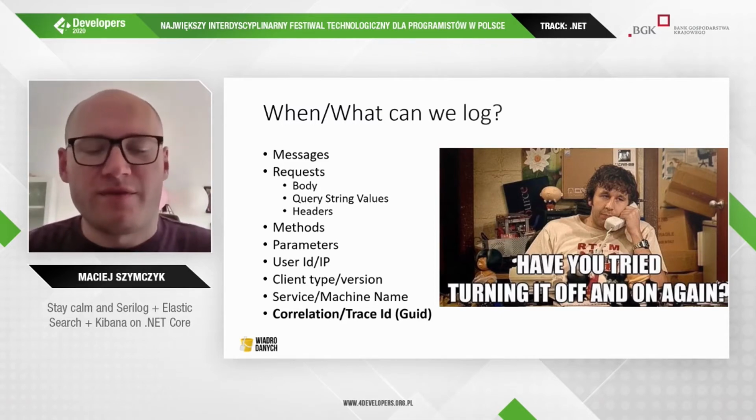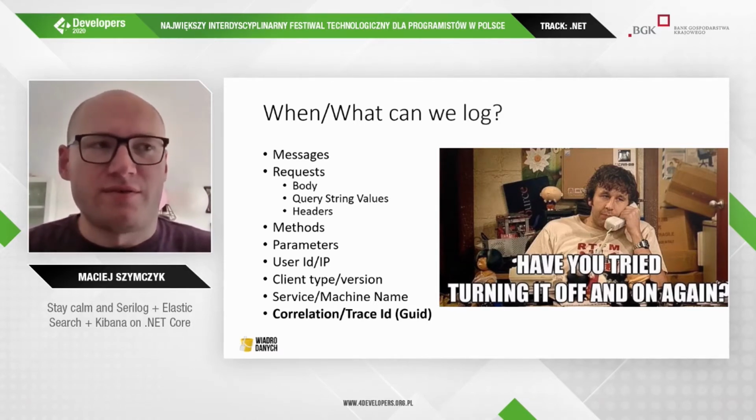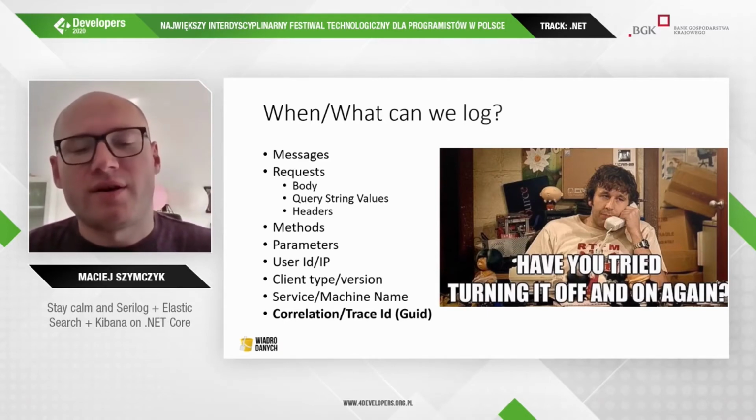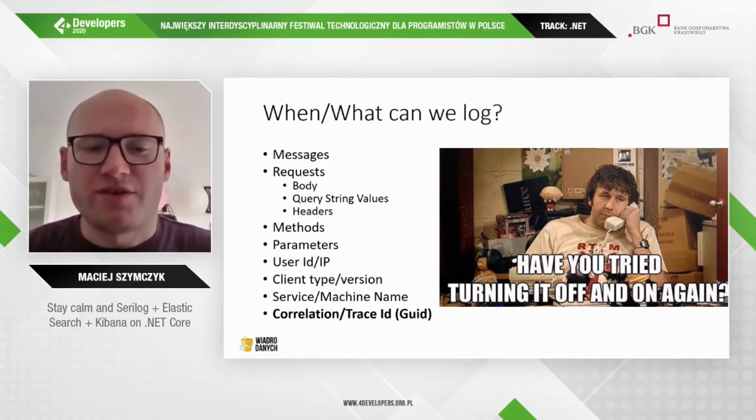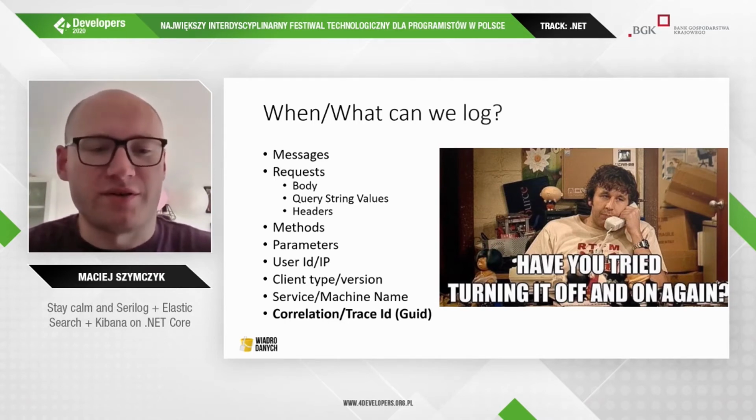Then client type and version, and this connects to the clients I talked about earlier, like Android and iOS apps. Maybe version 1 has problems with something and version 2 does not, so we should ping our clients to upgrade their version of the application.